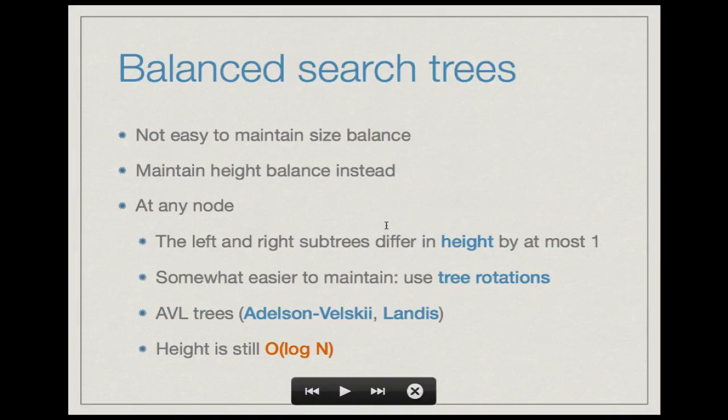In the earlier case, the left and right subtrees differed in size by at most 1. But now we will maintain the somewhat easier to maintain property of the left and right subtrees differing in height by at most 1. We maintain this property by using tree rotations, which we will describe later.